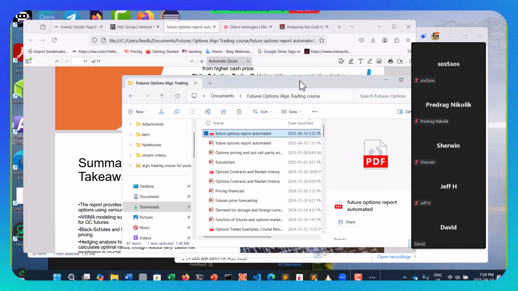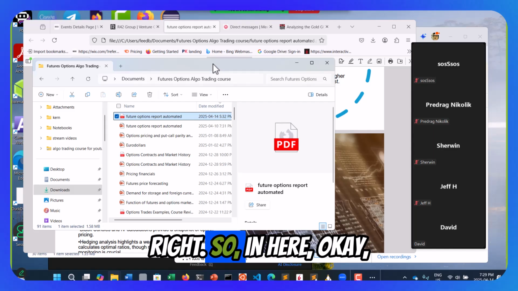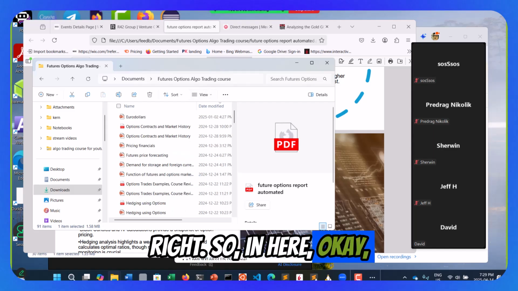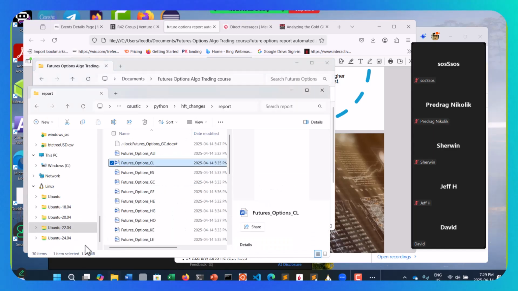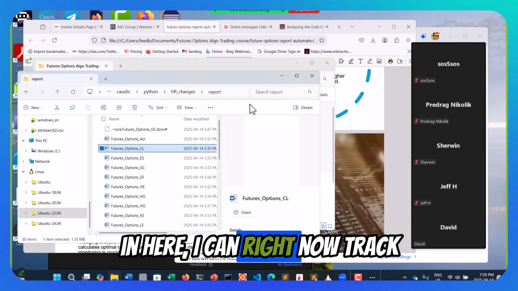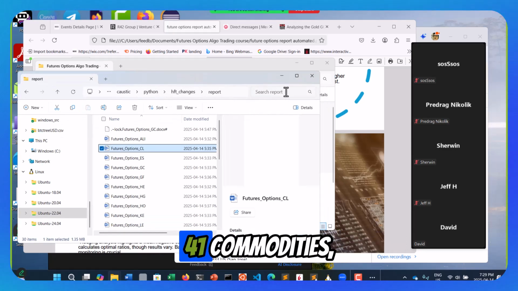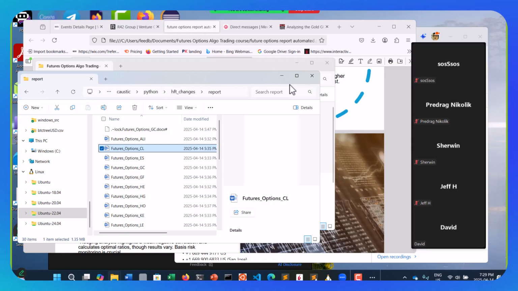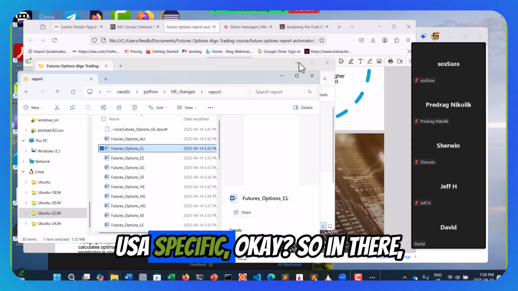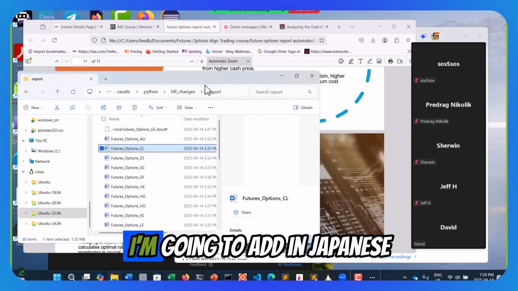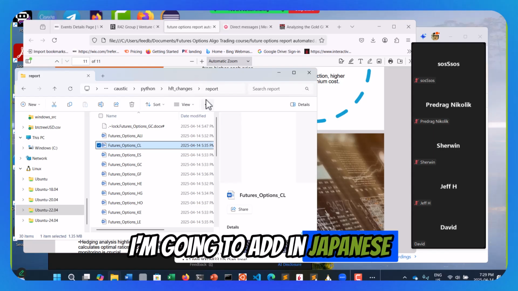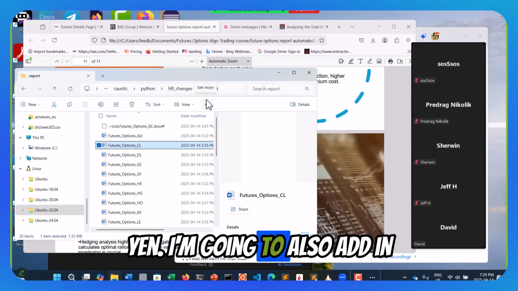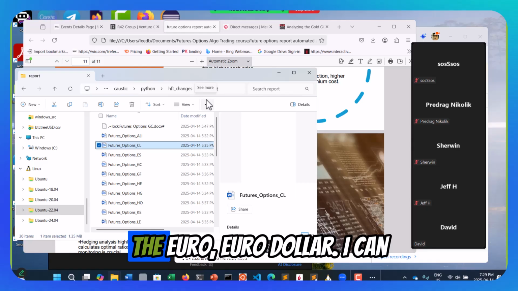In here, I can right now track 41 commodities, USA specific. In there, I'm going to add in Japanese yen. I'm also going to add in the euro dollar.